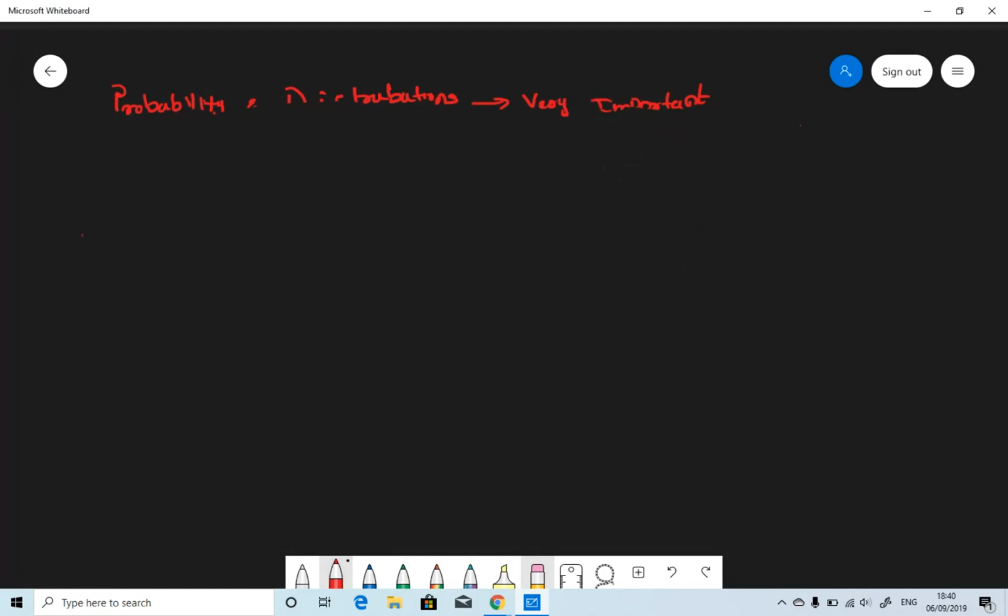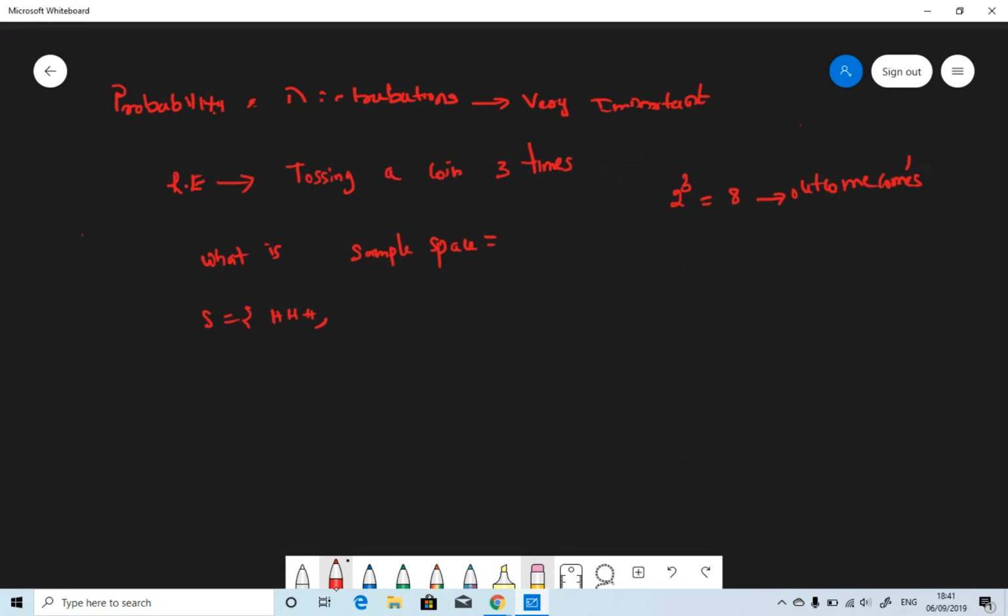Let us take an example: I am doing a random experiment of tossing a coin. What is my sample space? Tossing it three times, there will be eight outcomes.